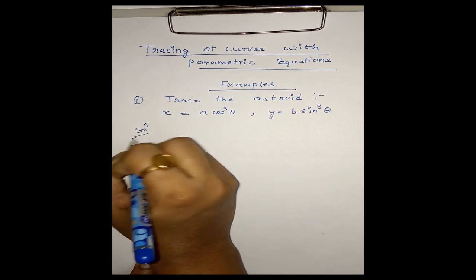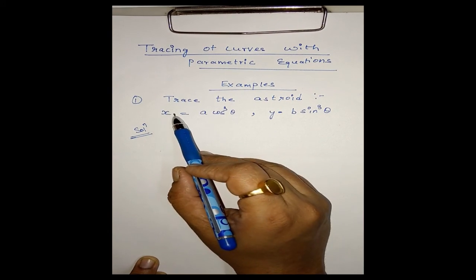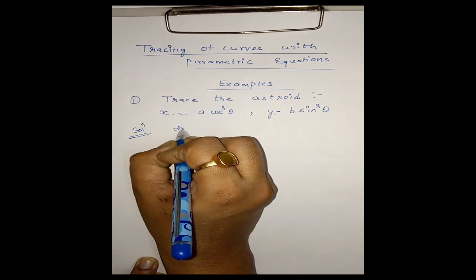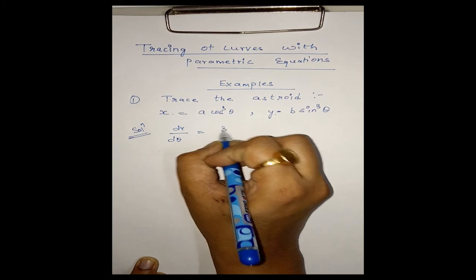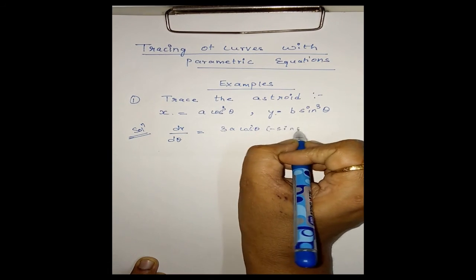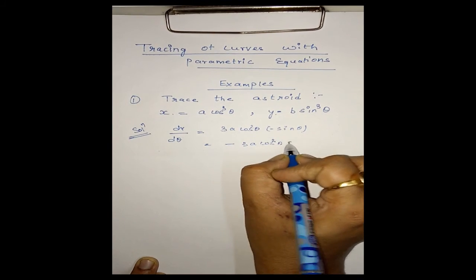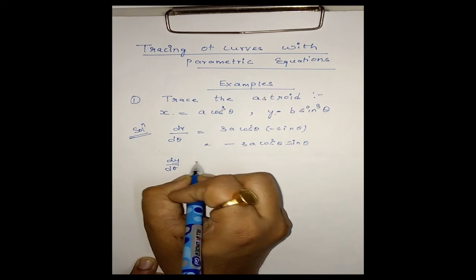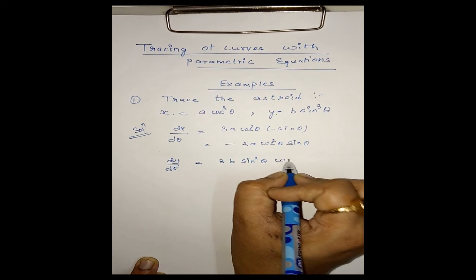Solution. We have to first find dy by dx. For this, we have to find dx by d theta and dy by d theta. In the first step, dx by d theta is 3a cos square theta into minus sin theta, that is minus 3a cos square theta sin theta. And dy by d theta is 3b sin square theta cos theta.